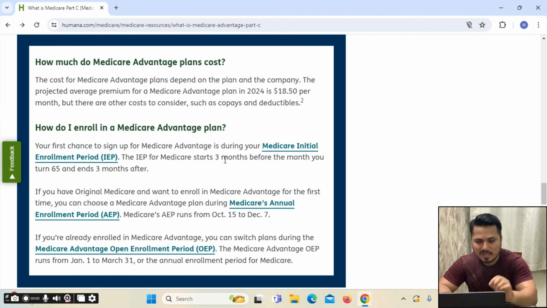The cost of a Medicare Advantage plan depends on the plan and the company. The projected average premium for a Medicare Advantage plan in 2024 is $18.50 per month. But there are other costs to consider, such as copays and deductibles.